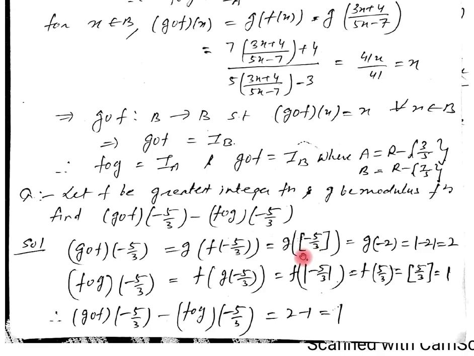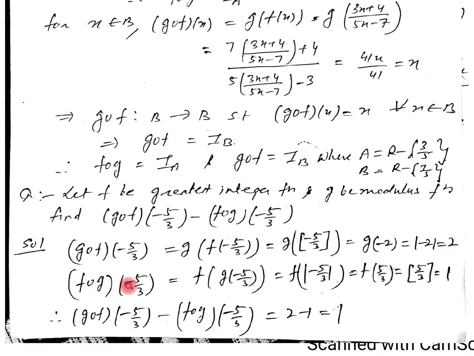If the value of this real number is minus 1 point something, then its greatest integer will be minus 2. It means among the integers lying on the left hand side of this, the greatest one is its greatest integer value. So greatest integer value of minus 5 by 3 will be minus 2. And g of minus 2, because g is the modulus function, modulus of minus 2 equal to 2.